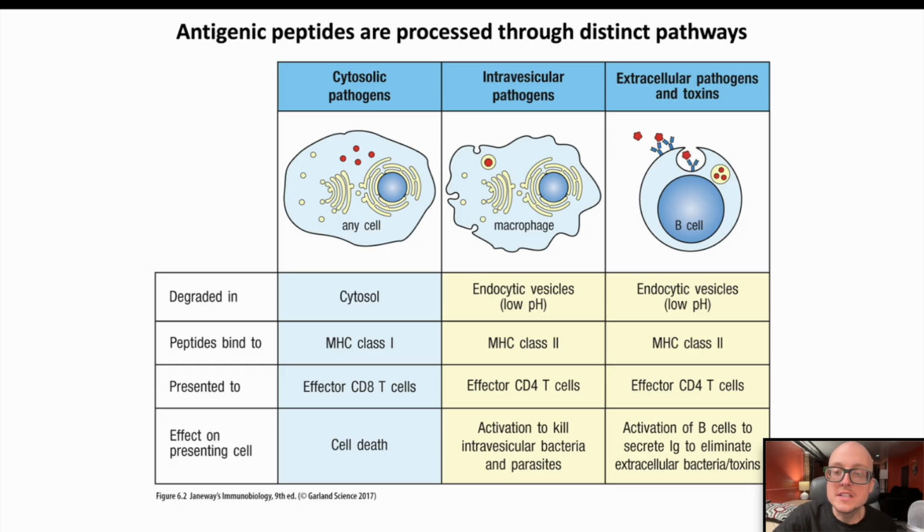One example of that would be within macrophages. When macrophages present antigens to CD4 T cells, the T cells in turn produce cytokines that activate those macrophages in ways that increase their ability to kill intravesicular pathogens like bacteria and parasites.